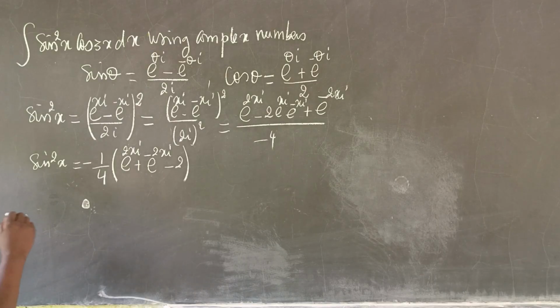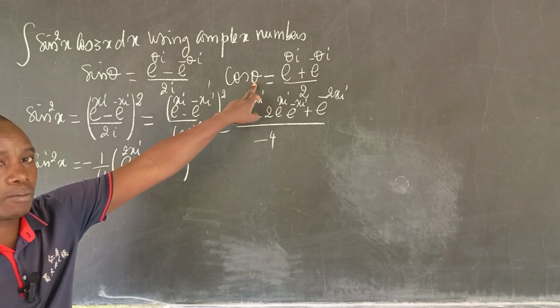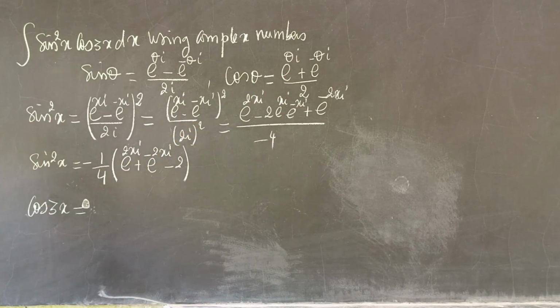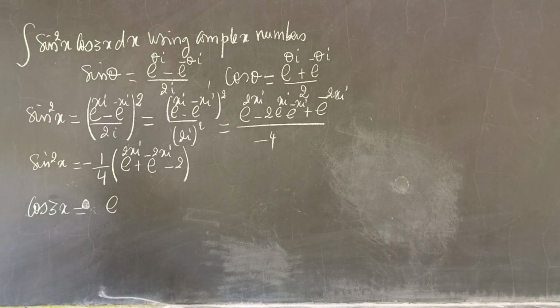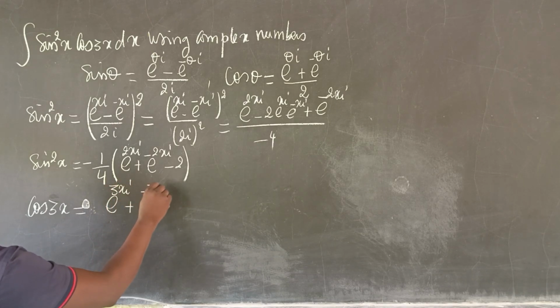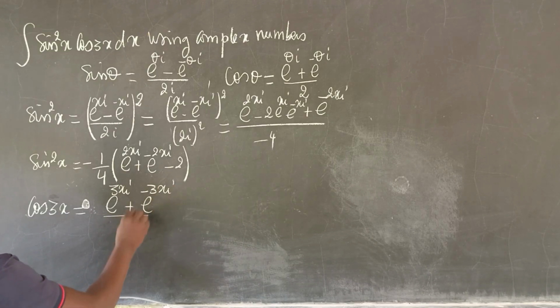Here, cosine 3x, as you know, this will be put in theta here, and this is equal to exponential of 3xi plus exponential of negative 3xi over 2.